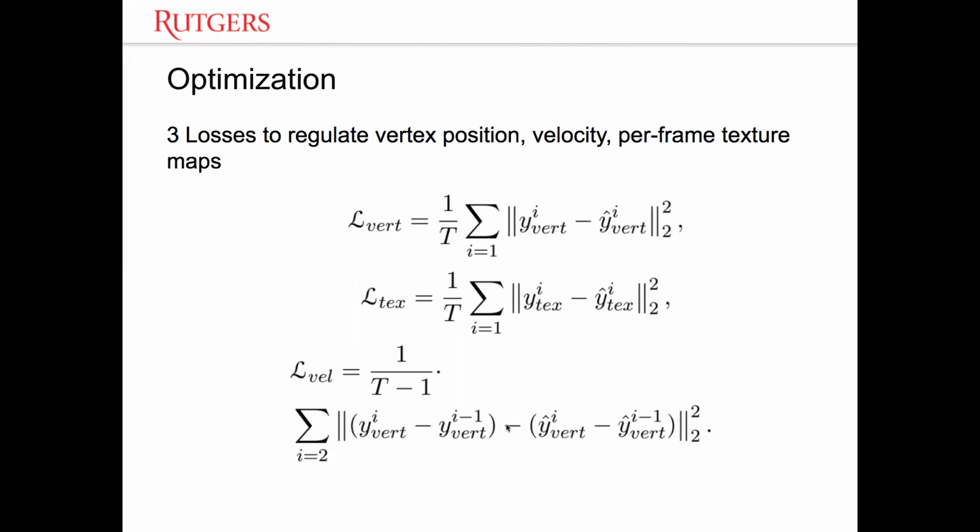This prevents the model from predicting something that is over-smoothed. We borrowed this idea from a previous work in 2018, and it turns out that it helps speed up our optimization process. So we optimize with three losses.